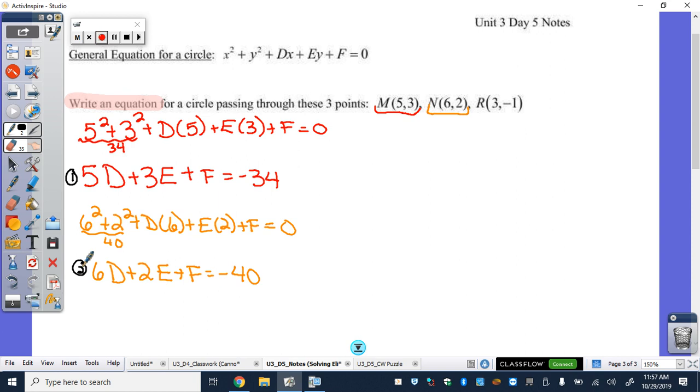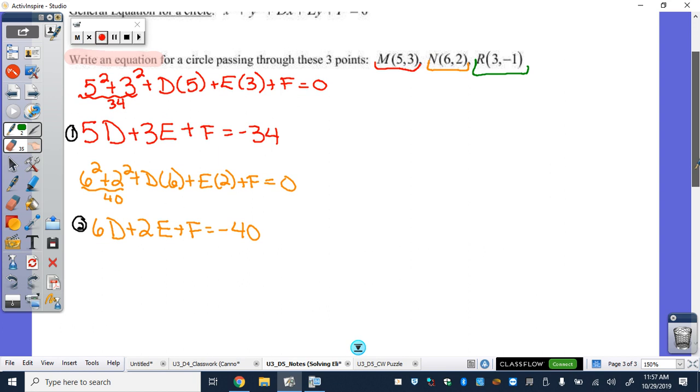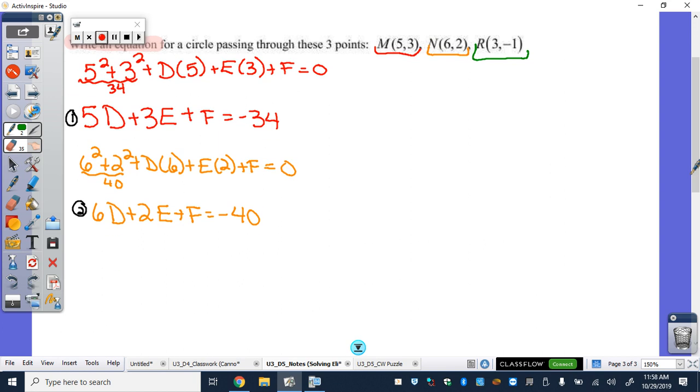So then third one, we've got to plug in that third point there. Point R, which is 3 comma negative 1. Be careful when you're plugging in that negative 1 when you're squaring it. That's going to turn positive.